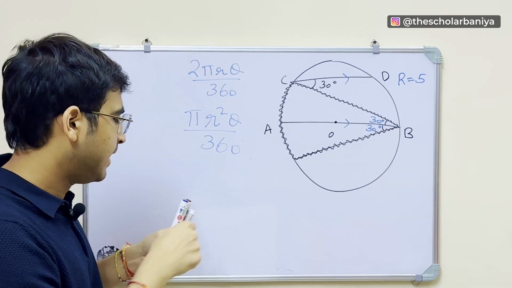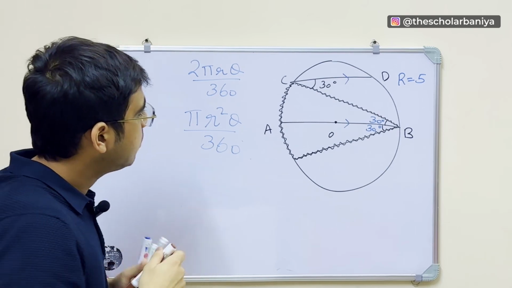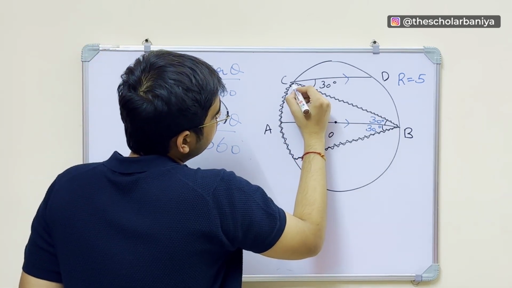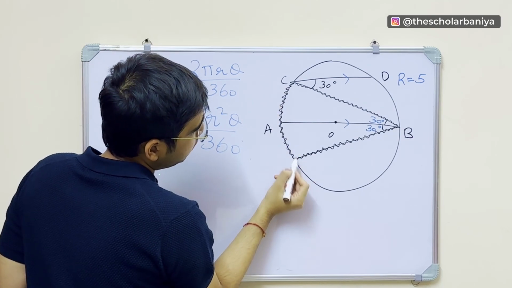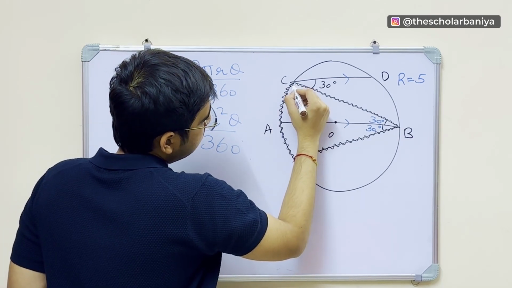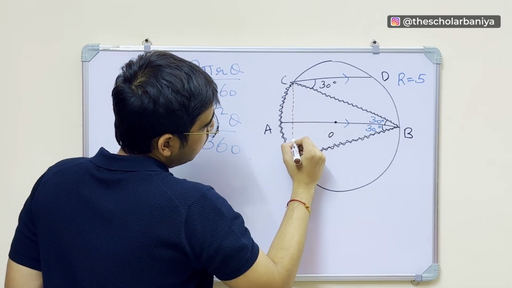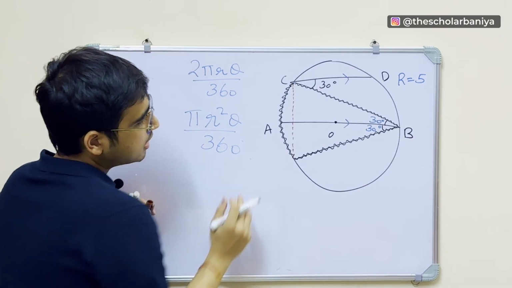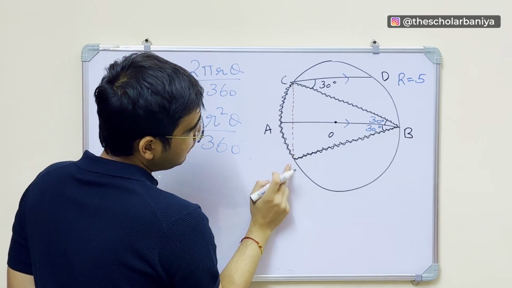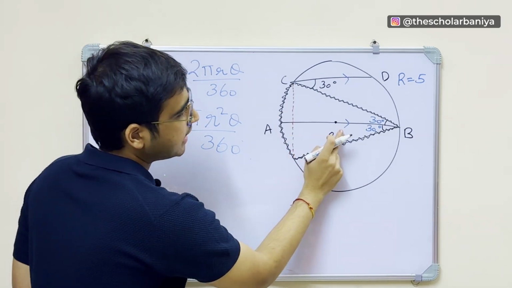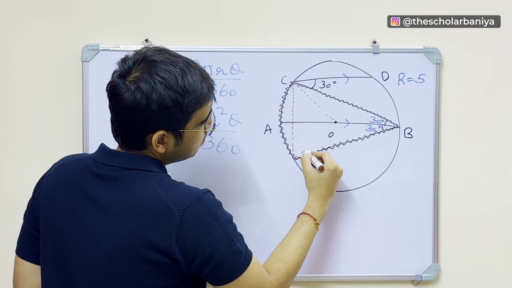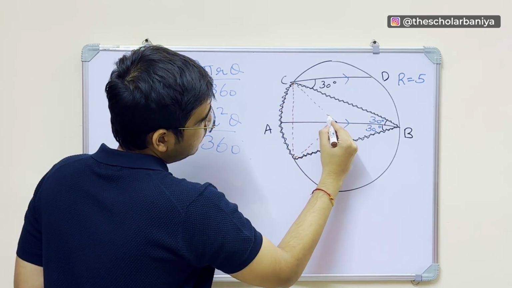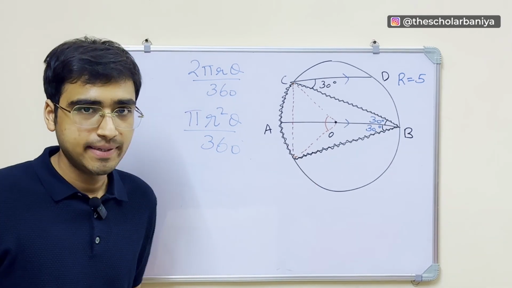I'll explain what it means. For example, let's assume this is the arc, from here to here. So this is basically the chord of the arc. Whatever angle this chord makes at the center, this is the center, this angle becomes theta.